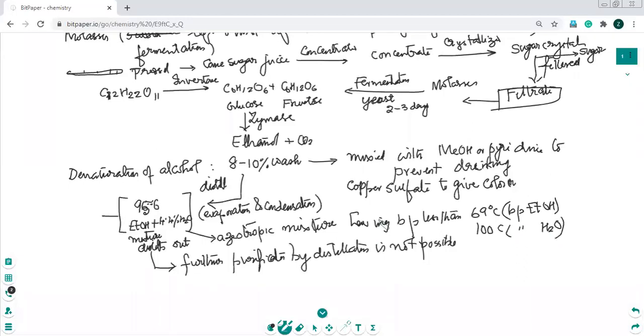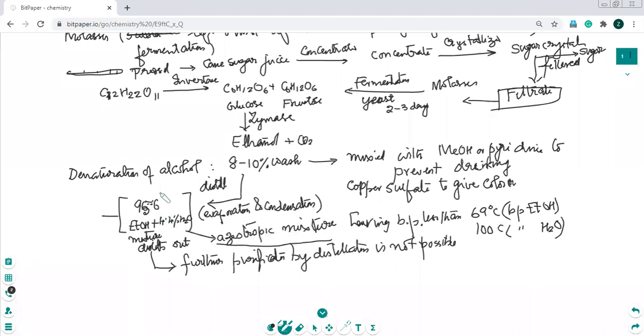So azeotropic mixtures are low boiling mixtures having a definite composition.